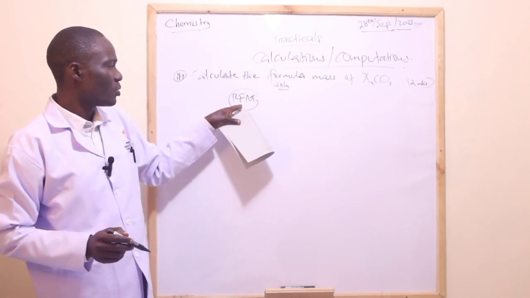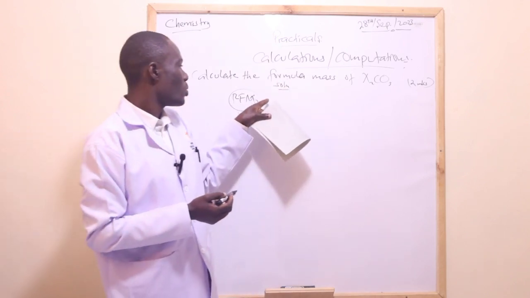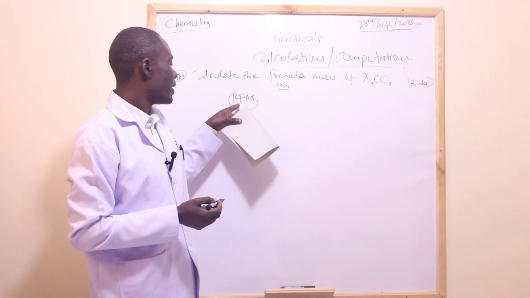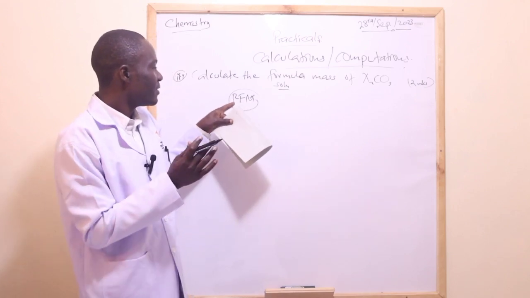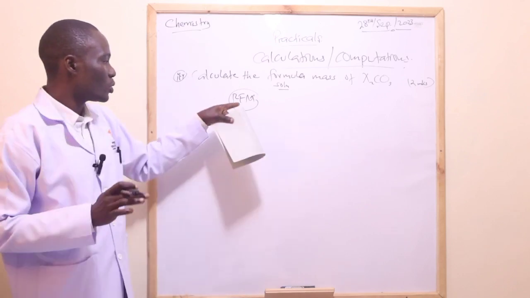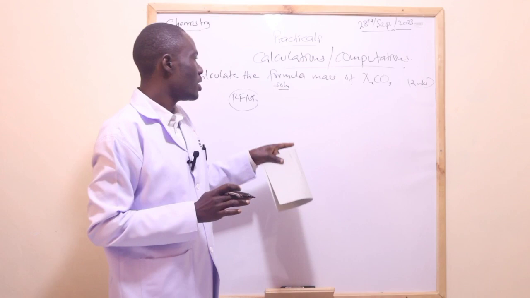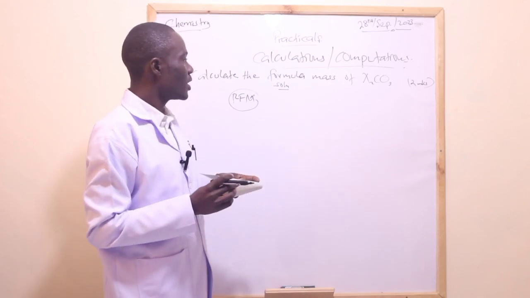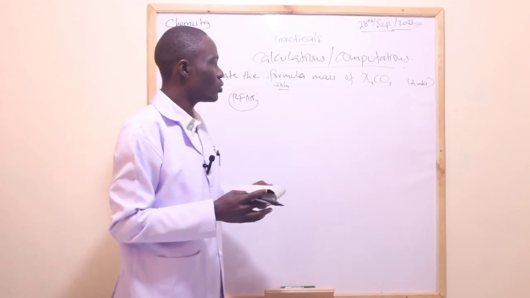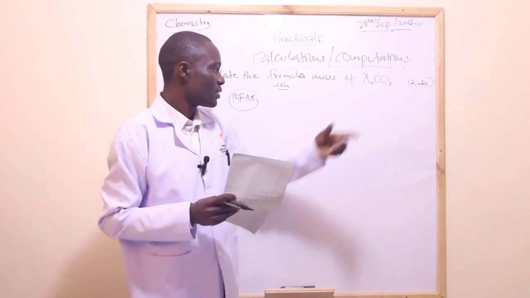What we need to do is find the mass that is equal to 1 mole of this particular compound. So we'll be using the moles which we got for the X carbonate.